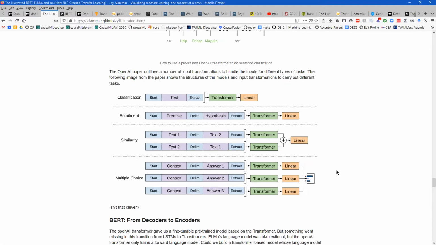This is the beauty, or the challenge, of NLP. They've just listed four, but there are so many more, and every one of them has state-of-the-art scores and approaches that lead to results. Yeah.